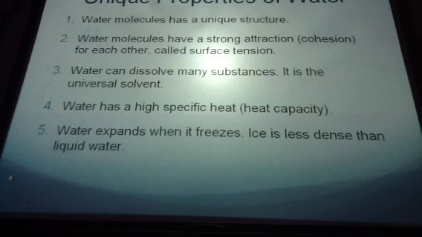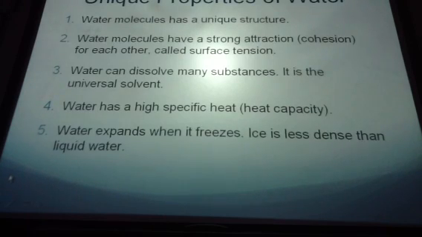3. Water can dissolve many substances. Because water can get into chemical reactions with lots of substances, it's known as the universal solvent. 4. Water has a high specific heat, which means water can absorb a lot of heat energy before major changes in temperature occur.